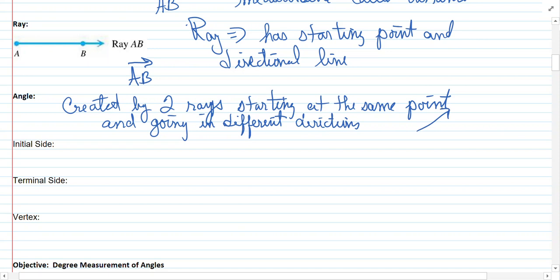So if I have a ray here and I have a ray here, well, this creates this angle here.